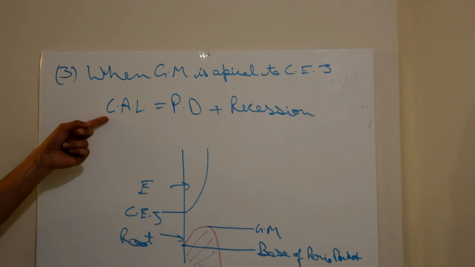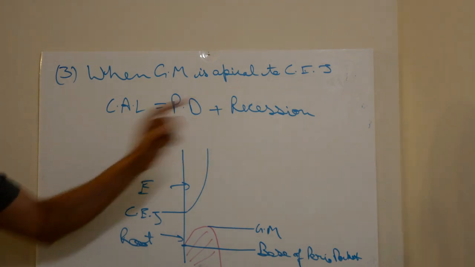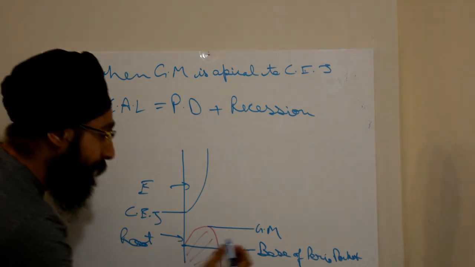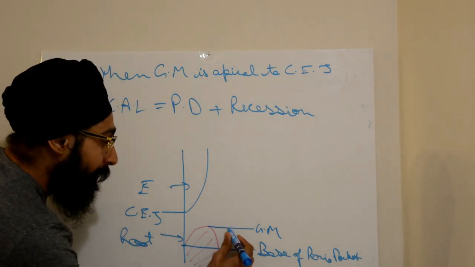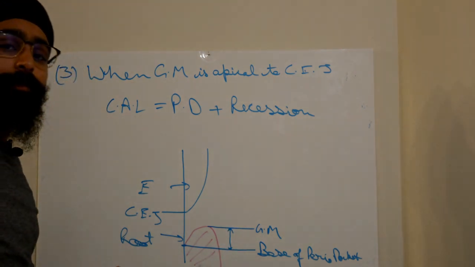Now, to understand what is clinical attachment loss, we are going to add probing depth and recession. In this case, probing depth is the distance between the gingival margin and the base of the perio pocket.